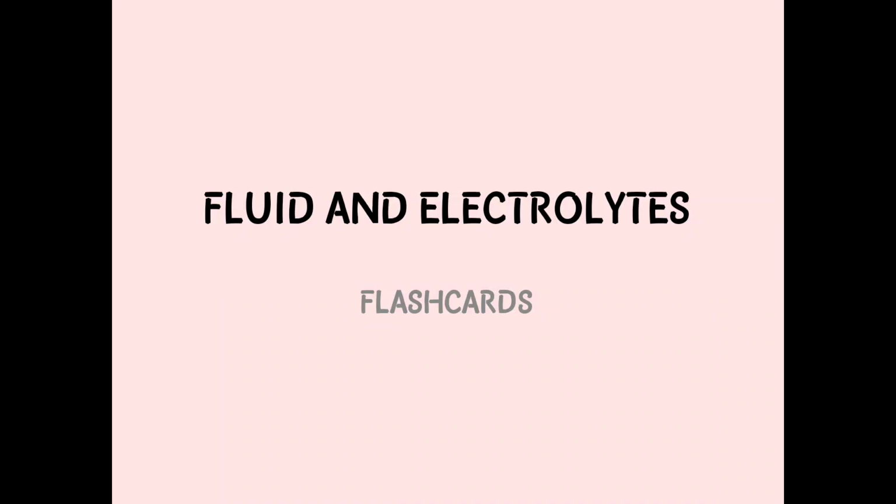Hello, today we are going to discuss the variation and distribution of fluid and electrolytes in different body compartments, and we are going to discuss both physiological variation and pathological variations, especially in different surgical states, different pathological states, especially in surgical patients or in traumatic patients.